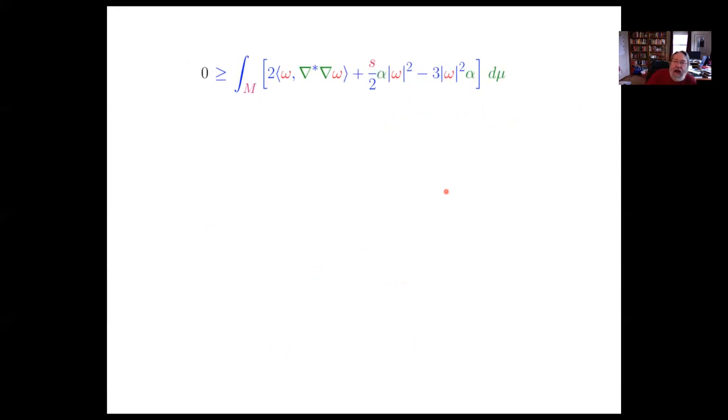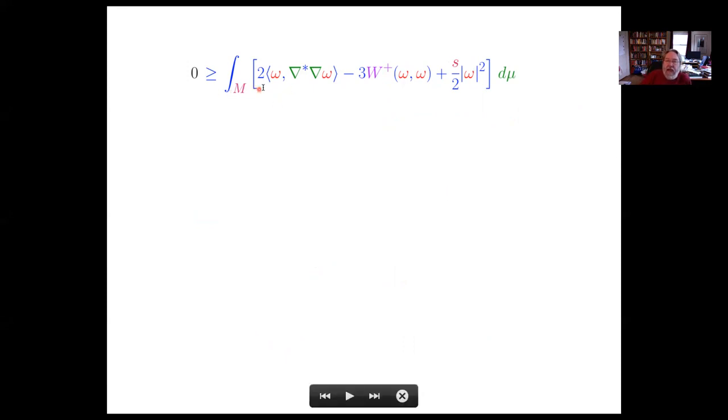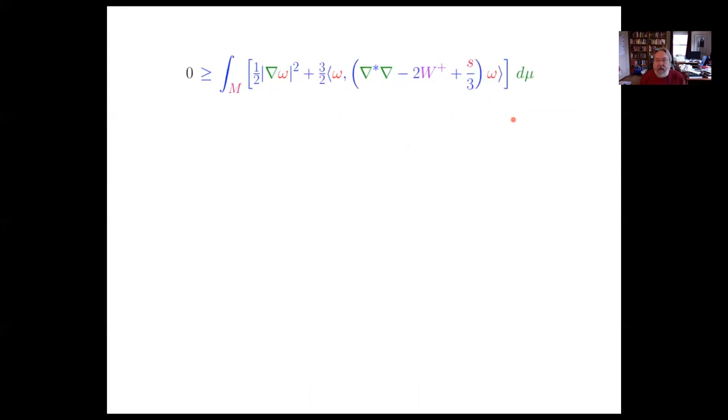And now, by stepping back, my conclusion is that this rescaled metric has the property that the inner product of omega with the Bochner-Laplacian of omega times 2, minus a Weyl term plus a scalar curvature term, is non-positive. But actually, you can rewrite that if we pull out a half of the covariant derivative of omega squared.